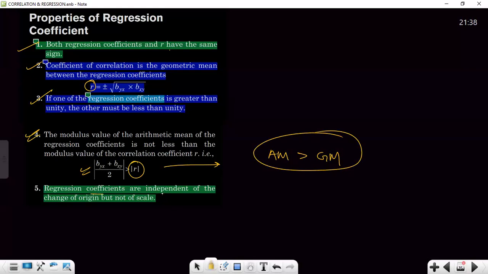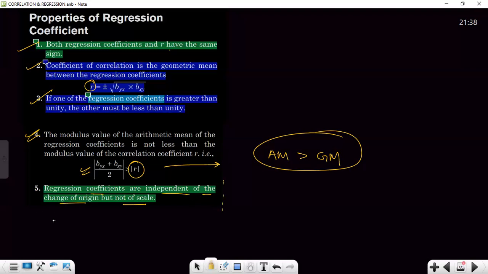The regression coefficients are independent of change of origin, but not of scale. Very important for you to understand. Mostly people confuse this with the correlation coefficient. The correlation coefficient is independent of both. But the regression coefficient is only independent of change of origin, not of change of scale.